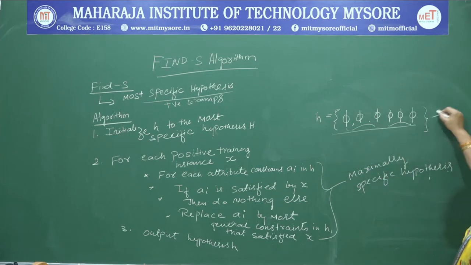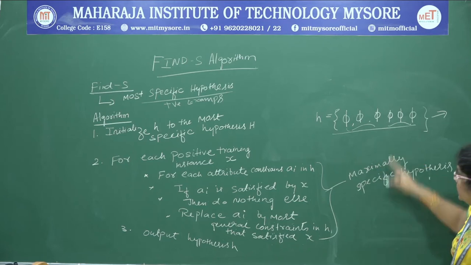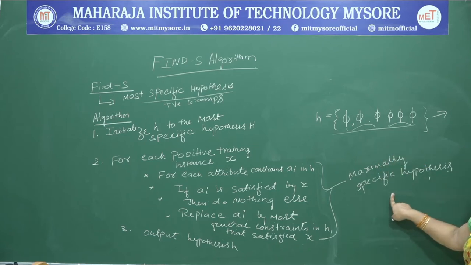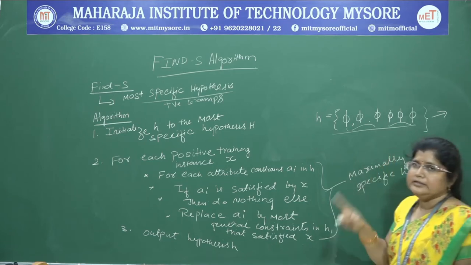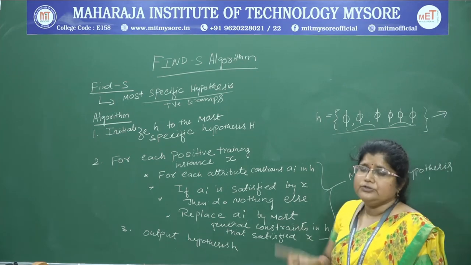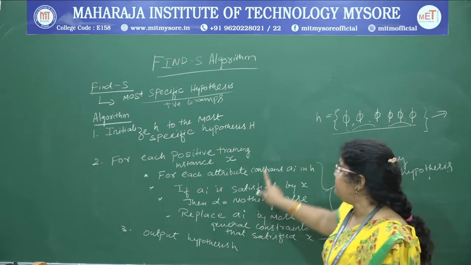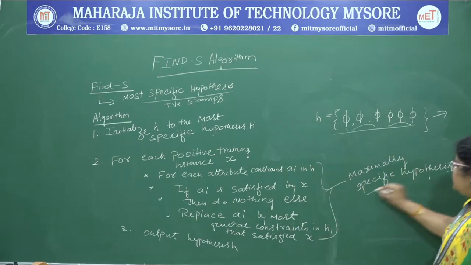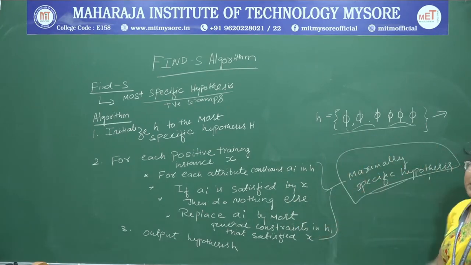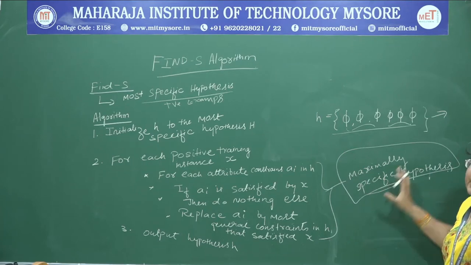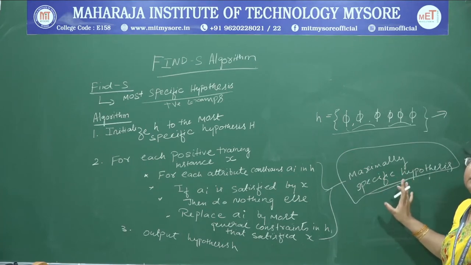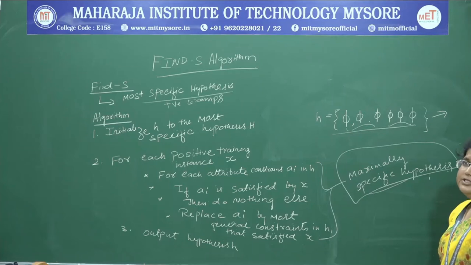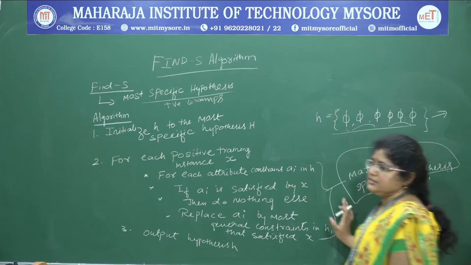From the most specific hypothesis, we generate the maximally specific hypothesis, which addresses all positive training examples and is applicable to all the positive training examples present in the data set.